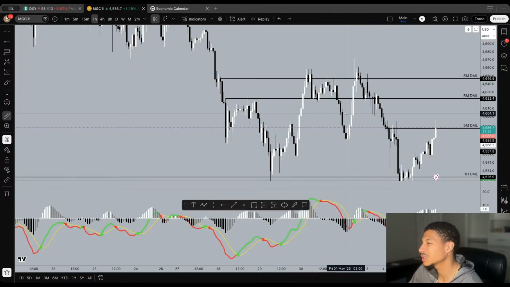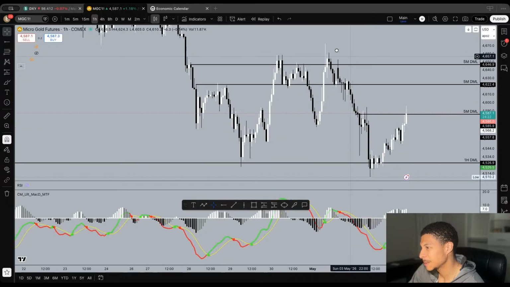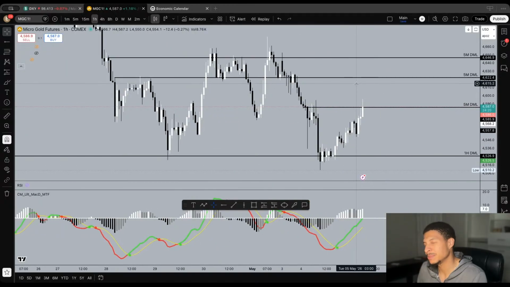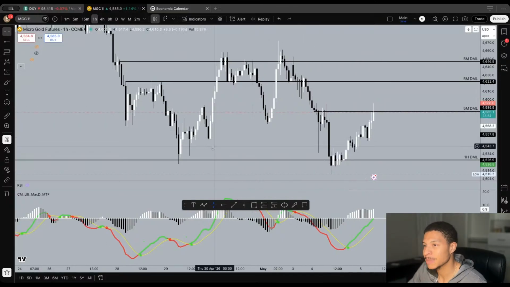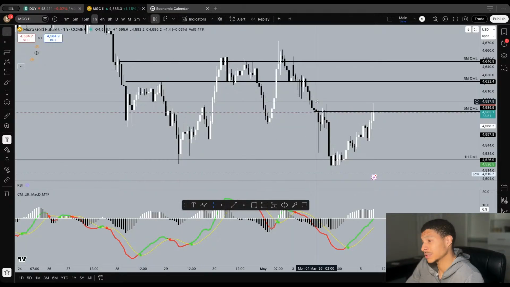But I don't want to necessarily trade in that. Let me reverse. What I'm getting at is that the fundamentals have been so up and down in terms of being in favor for gold. Gold's responding to stagflation positively. Gold's responding to stagflation negatively. Gold's been operating on a very interesting dynamic, and I think we've seen that on this 1 hour time frame.